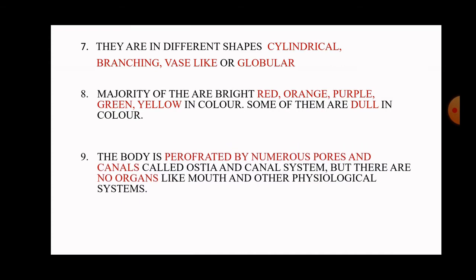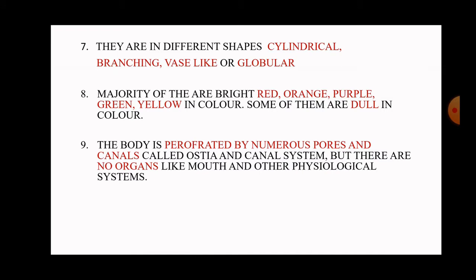When you observe the body of these animals, their entire body is perforated by numerous pores, as I told you, and canals. These pores are called ostia, and all the canals together are called the canal system. But one thing you remember, even though there is a canal system and ostia, there are no organs like a mouth and other physiological systems.